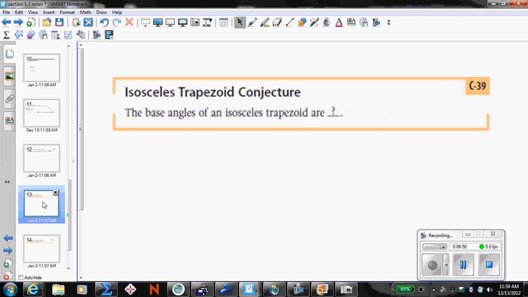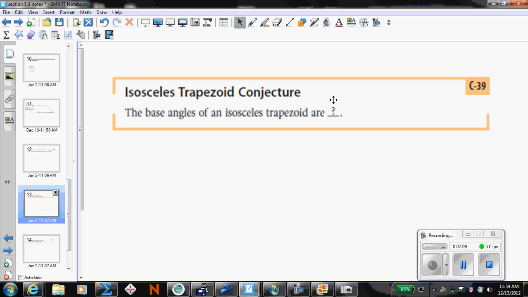The next two conjectures having to do with trapezoids are if they are isosceles. So they have two congruent sides. So the base angles, if our trapezoid is isosceles, they will be congruent.